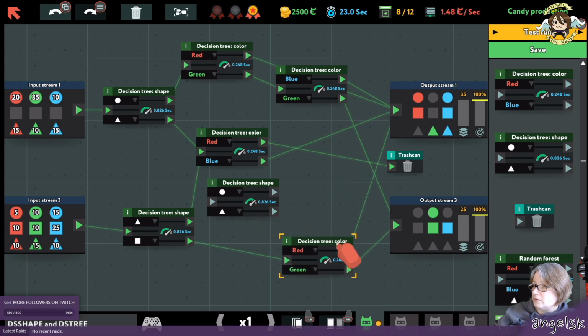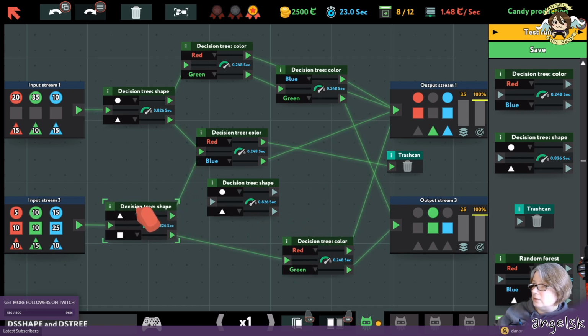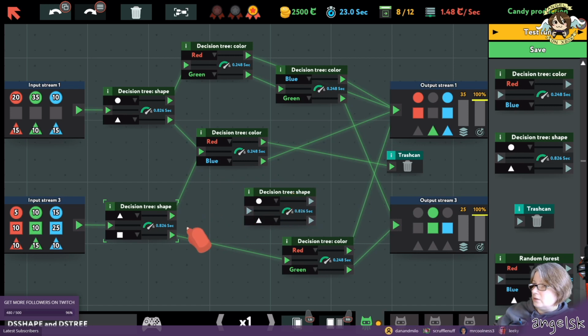Oops. Right. Okay, so triangles are going up here. That's fine. There's some circles going up here, right? So maybe the triangle needs to go through that, actually.